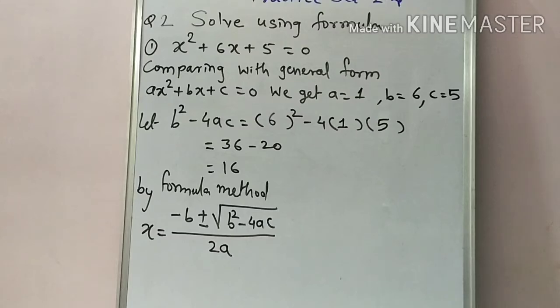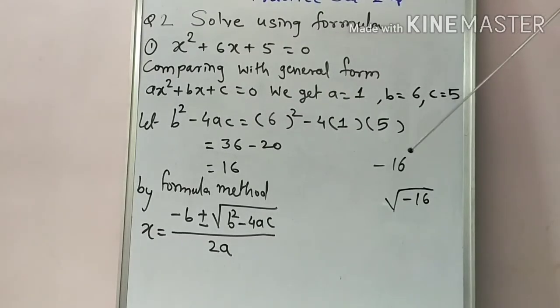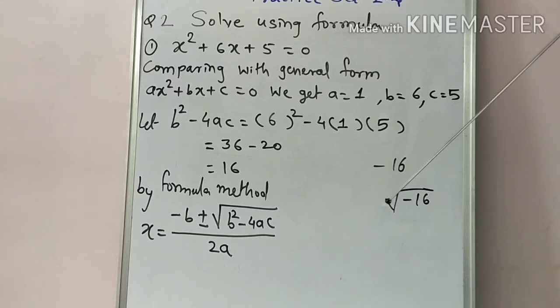For example, if you get the value as minus 16 or something, okay, so root minus 16 is not a real number. Okay, so you can directly say, if it is a negative value, then do not write the formula, because if the discriminant value is negative, you can directly say that the roots of the equation are not real numbers.